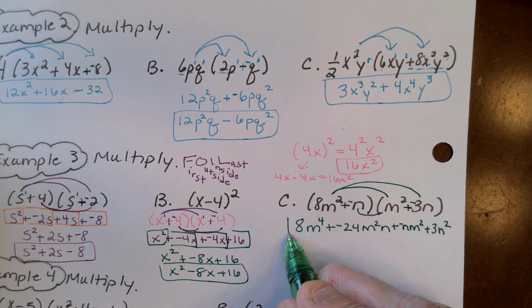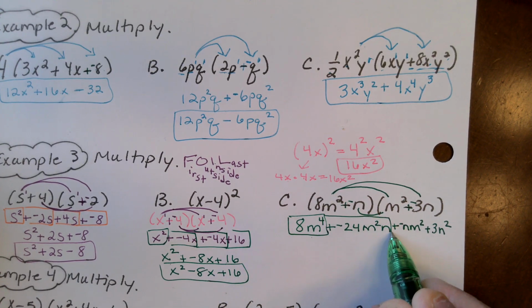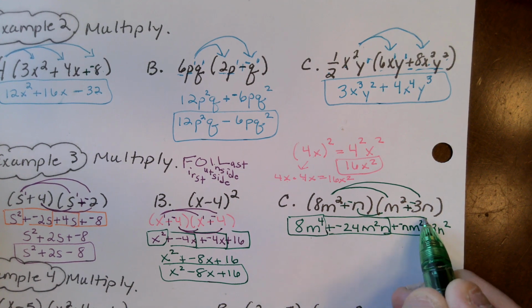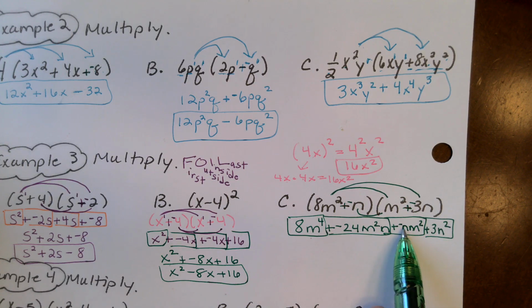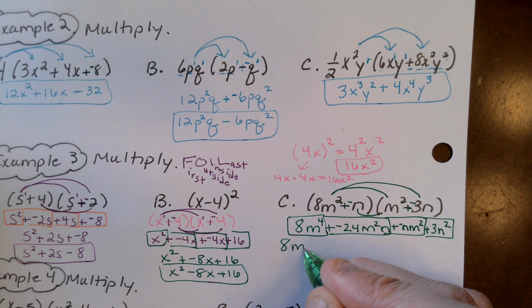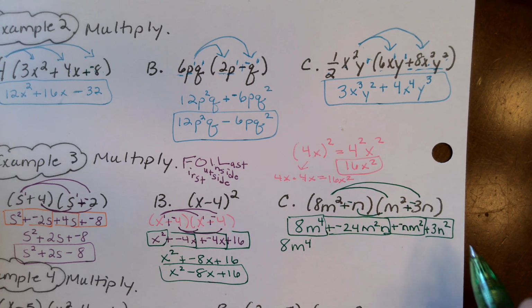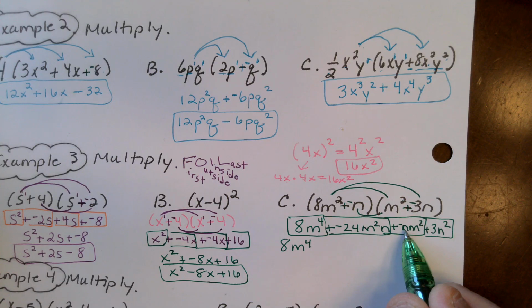So when you block them, you may think you don't have like terms, but you do. Look at m squared n, right? The order of these multiplications doesn't matter due to commutative property. So 8m to the 4th. And then what numbers before this?